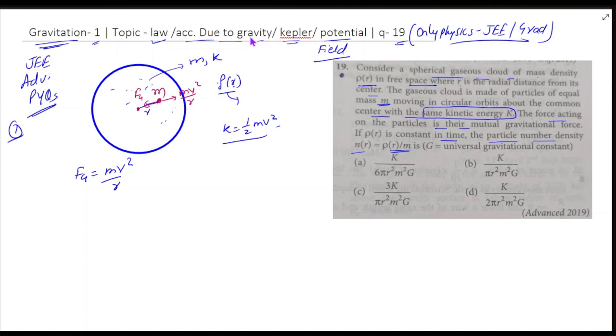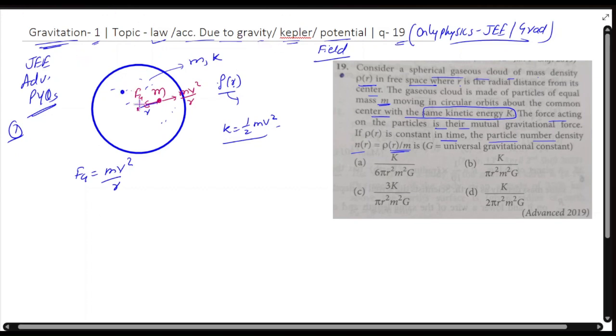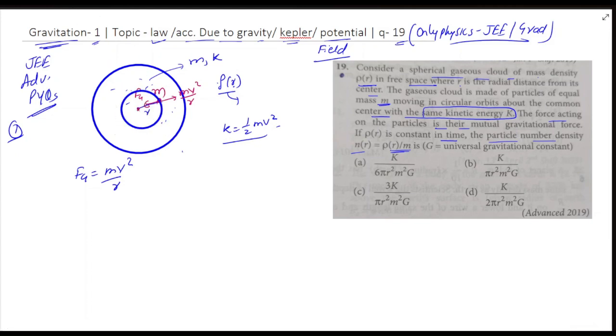Now we know the concept: the gravitational force on this particle will be due to the particles which are present inside this small sphere. The net force due to the particles which are outside will be zero.